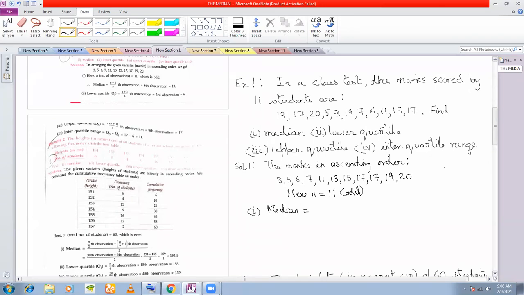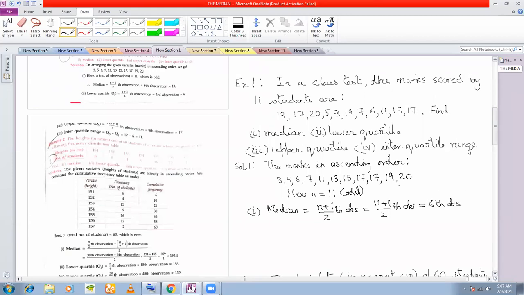According to the result, we know that if n is odd, the median is the (n plus 1) by 2th observation, which is (11 plus 1) by 2th observation, which is your 6th observation.